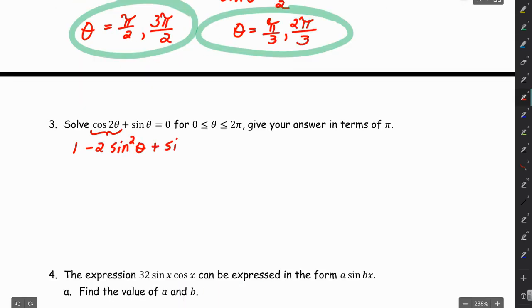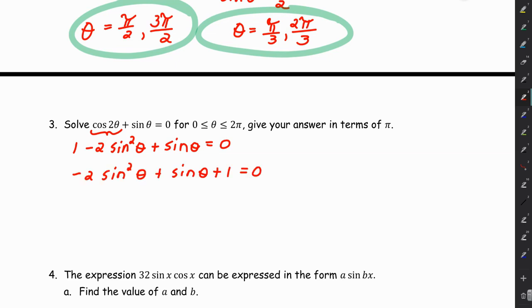Plus sine theta equals 0. And I don't like how that looks. I want to rewrite it in standard form, and then I'm going to factor that. Now, I don't like to factor with a negative for the first term in my trinomial. You don't have to do this step, but I'm going to multiply every term by -1, and then I'm going to factor that.